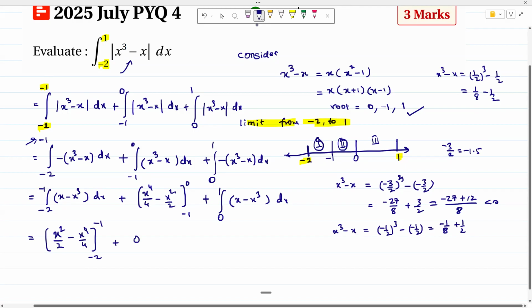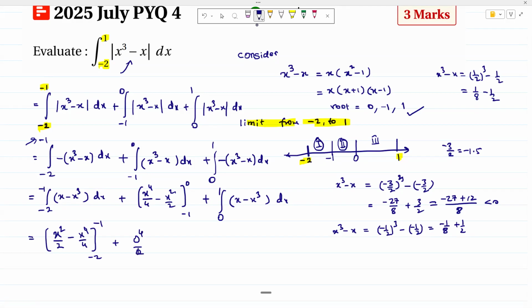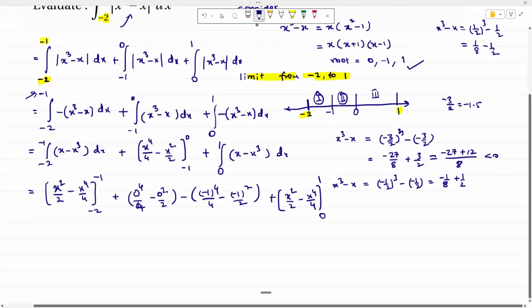First write the upper value: 0 power 4 by 4 minus 0 square by 2, upper limit minus lower limit, minus (-1 power 4 by 4 minus -1 square by 2).